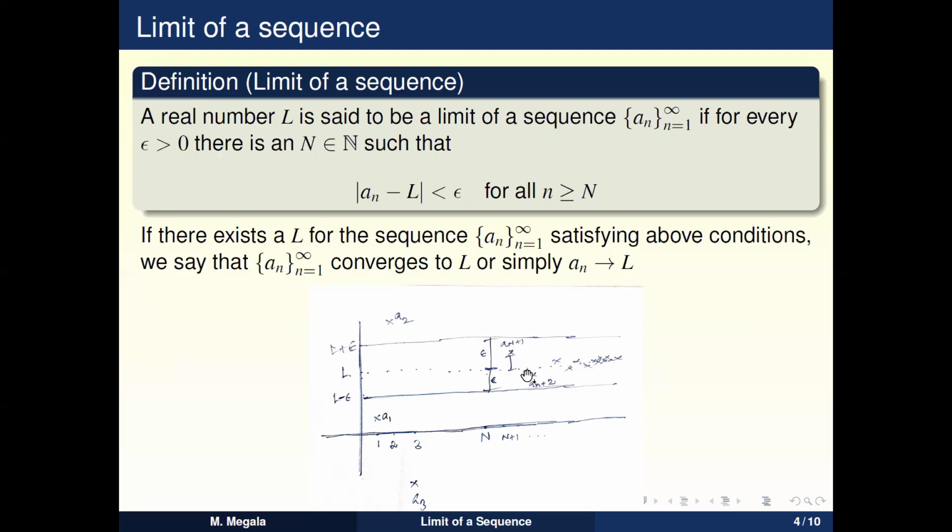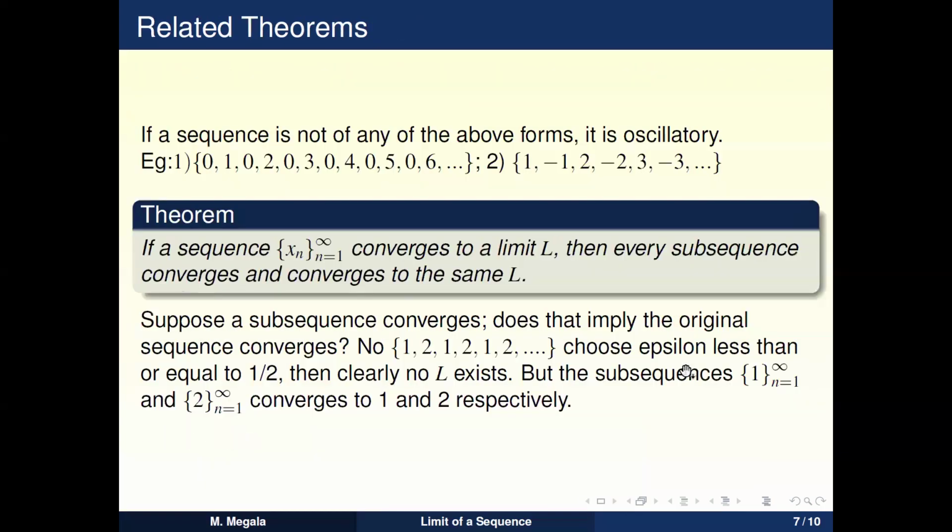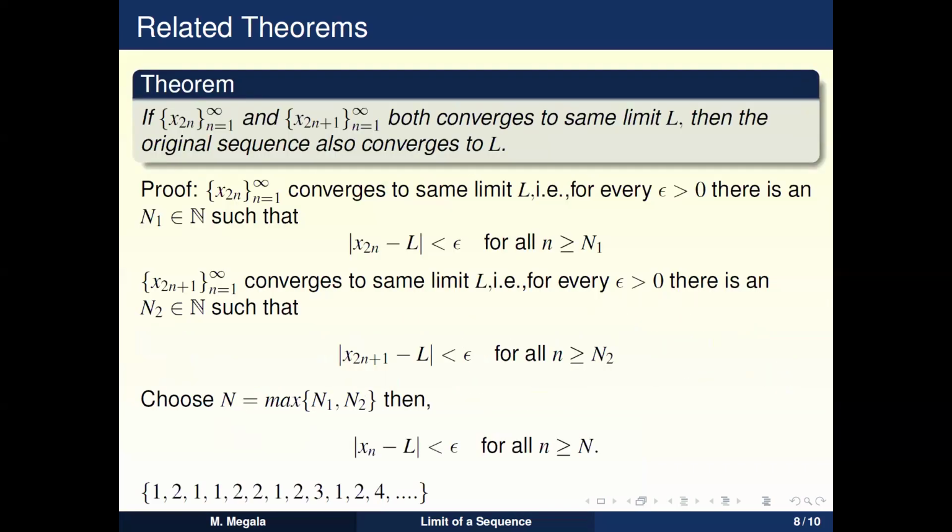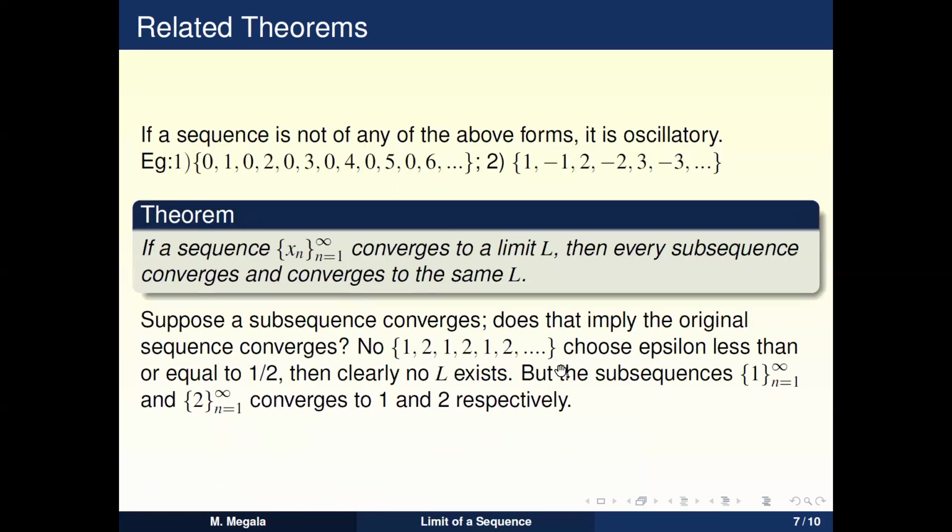So after that nth term, all elements are inside the neighborhood. Even if I miss some elements, those that remain are still inside the neighborhood, so the subsequence also converges to L. I hope you understood. If any clarification is needed, you can write it in the comments.